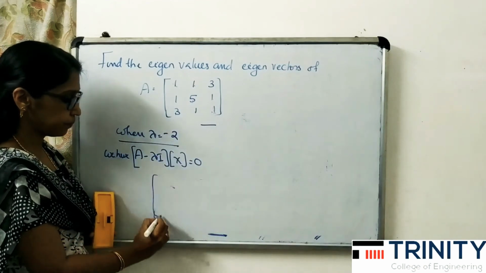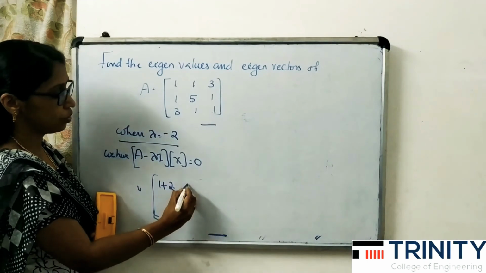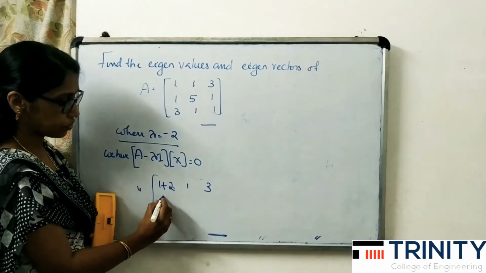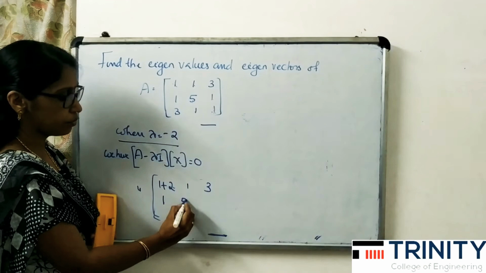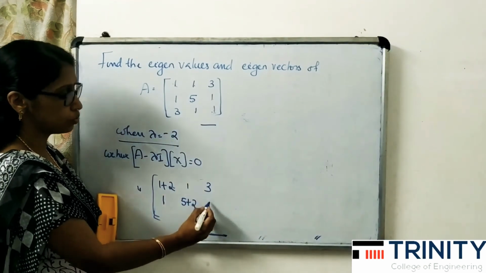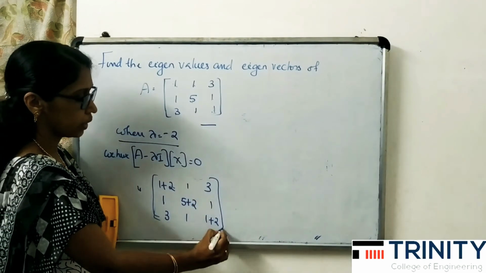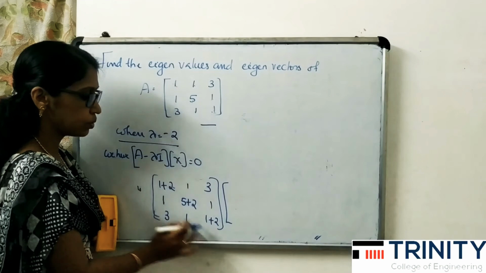Therefore we get 1 minus of minus 2, that is 1 plus 2, 3, then 1. Next 1, here 5 minus of minus 2, that is 5 plus 2, 7, then 1, 3, 1, 1 plus 2, 3, into the unknowns.